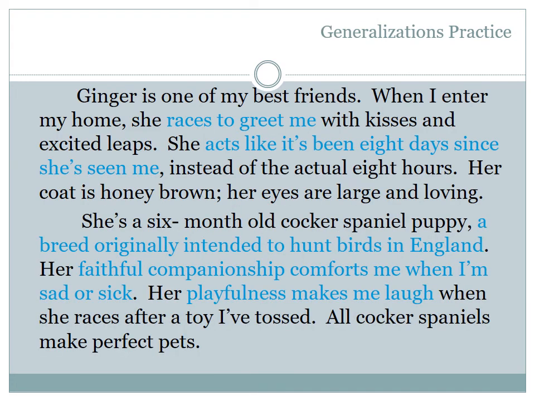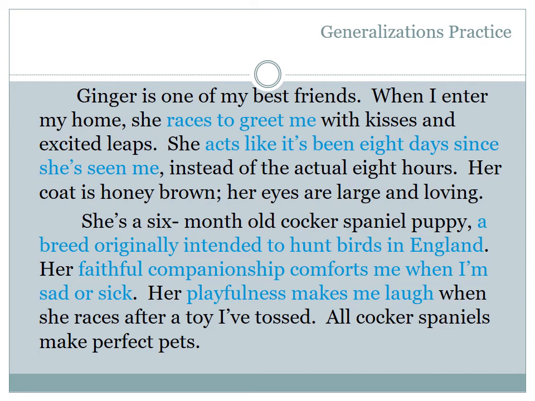Going back to the passage about Ginger, the words that are colored in sky blue are the facts used to support the idea, the shared experiences, the examples, and the logical thinking used by the author. First we have "races to greet me." This is a fact used to support the idea.